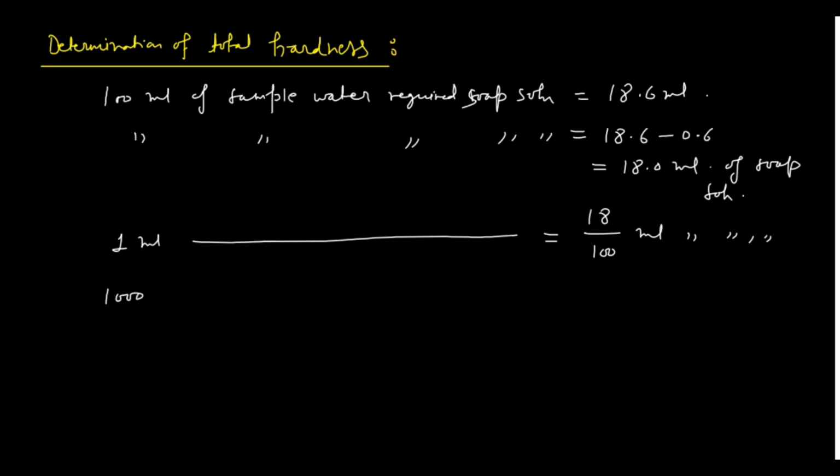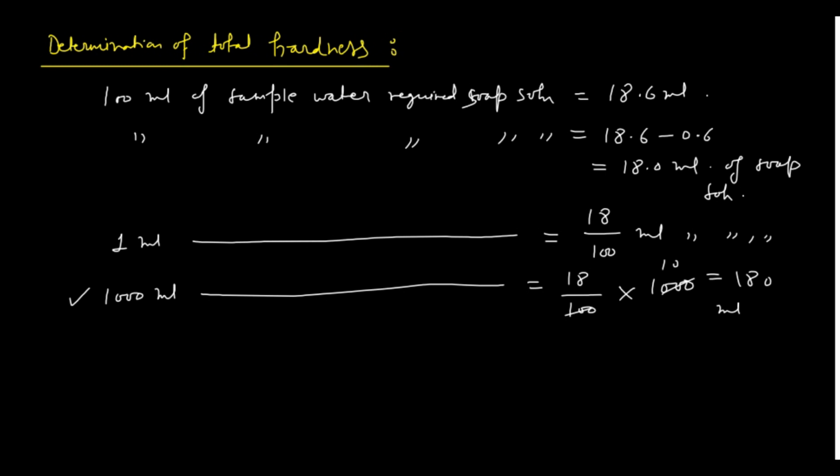Generally we determine the hardness in milligram per liter or ppm, so we have to calculate for the 1000 ml. For 1000 ml you will have 18 by 100 multiplied by 1000. So it is 10 times, here it is 180 ml of soap solution, right?